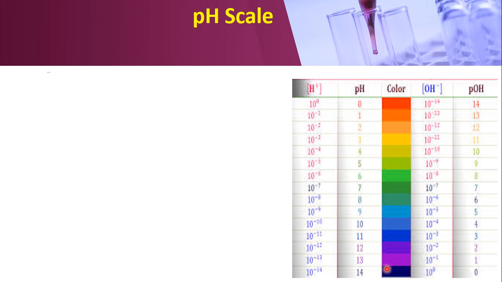A solution which has pH 13, its concentration of hydrogen ion will be 10 to the power minus 13 and its concentration of hydroxyl ion will be 10 to the power minus 1 and its pOH value will be 1.